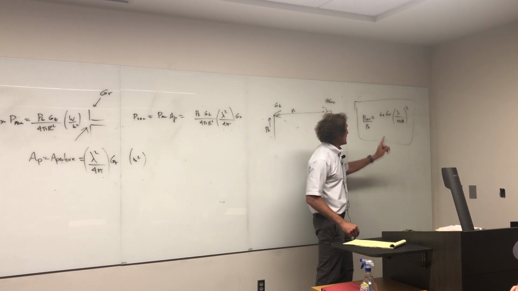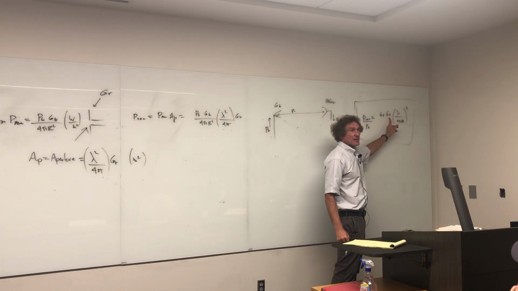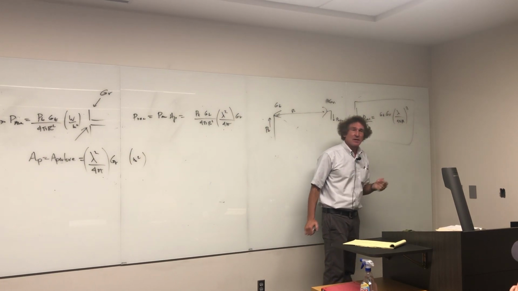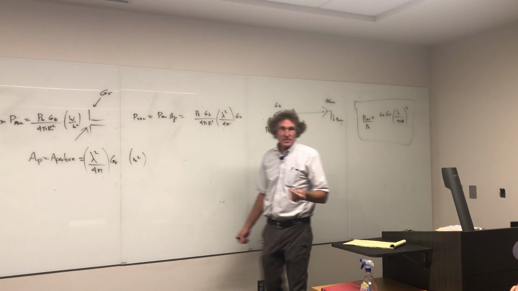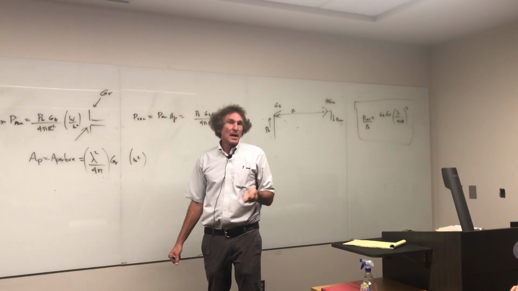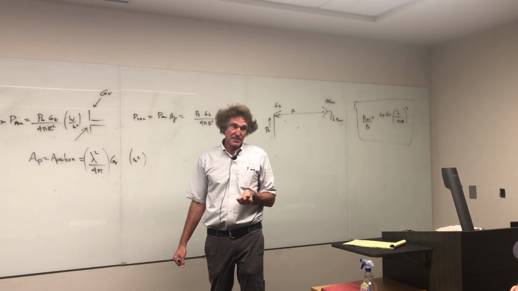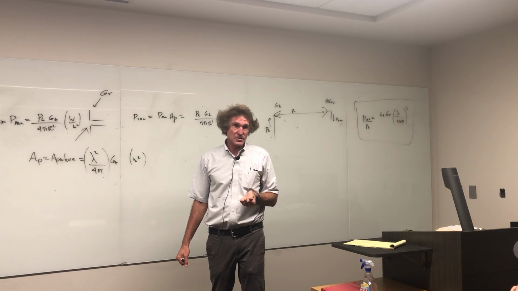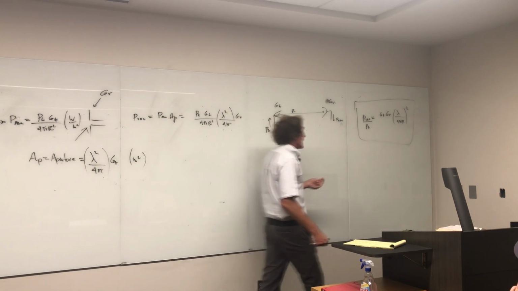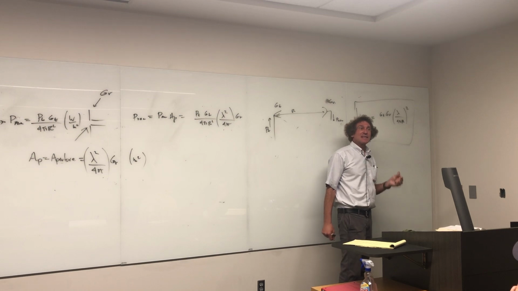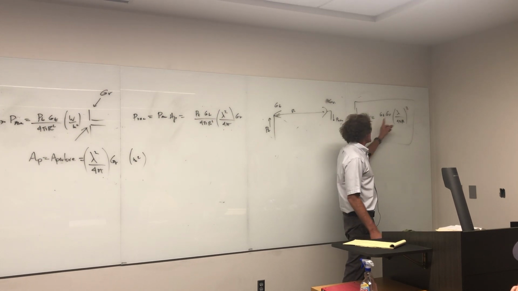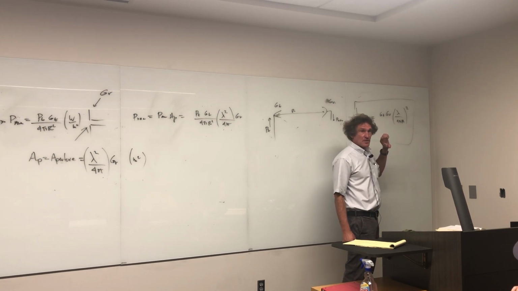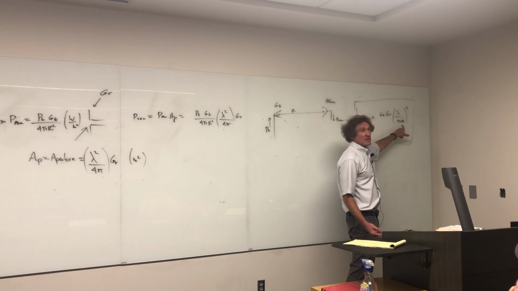Something to note, the gains here are not in dB, they're linear. So if you have a 20 dB gain, what is that? That's 100, right? So if you have a 20 dB antenna transmitting and a 20 dB antenna receiving, you'd have 100 times 100, or 10 to the 4th. You're following this? Now, how far away are you? I don't know.